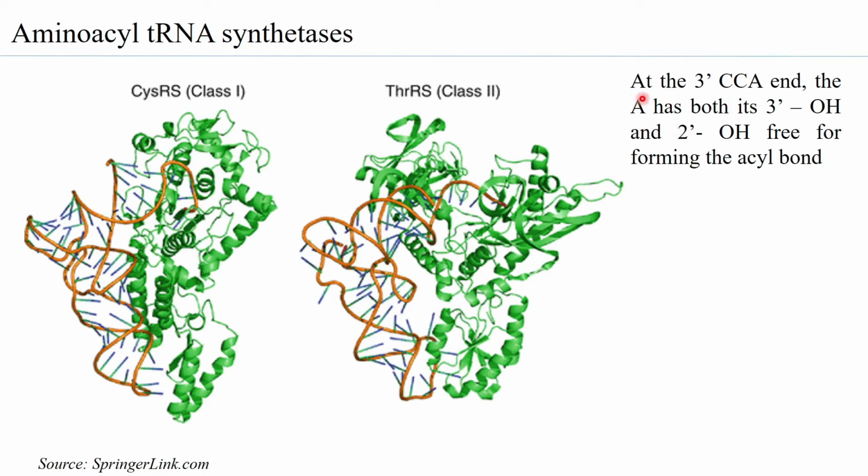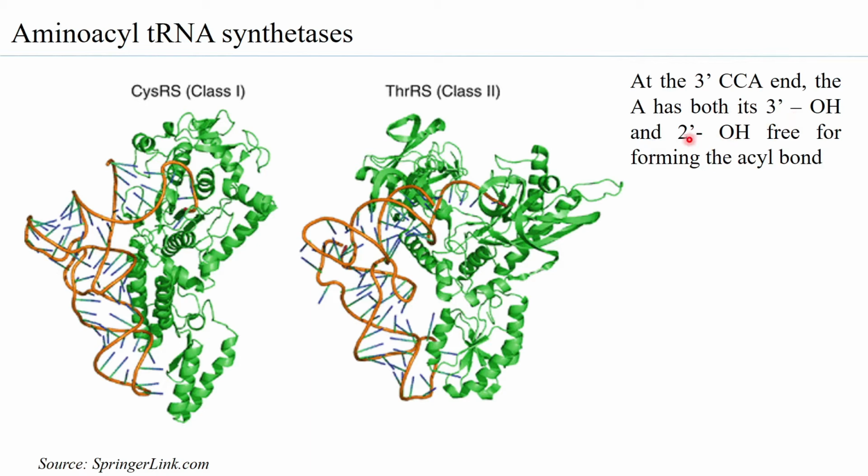While the A, being the last nucleotide of the tRNA, will have its 3' OH free, because every RNA or every DNA has one end with a 5' phosphate and the other end with a 3' OH. And so the A that is present at the 3' end will have its 3' OH free, but it will also have its 2' OH free.